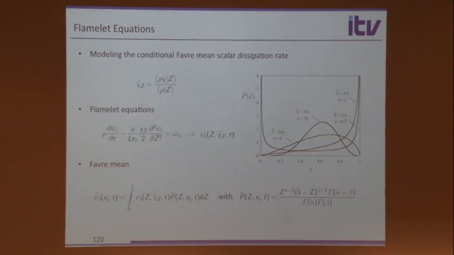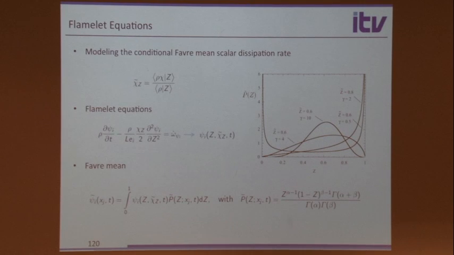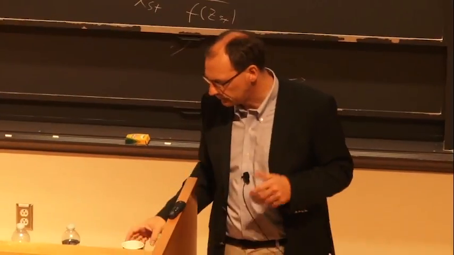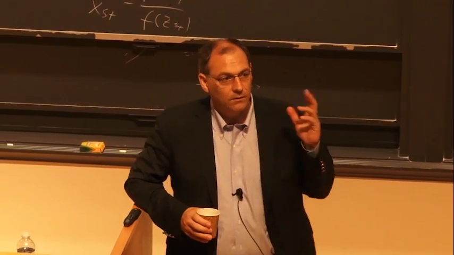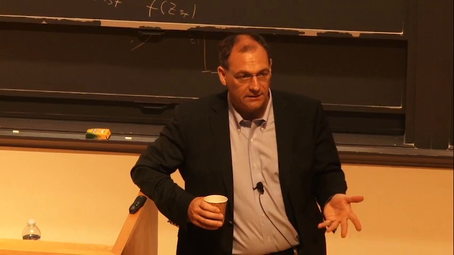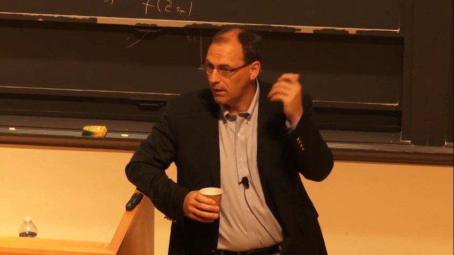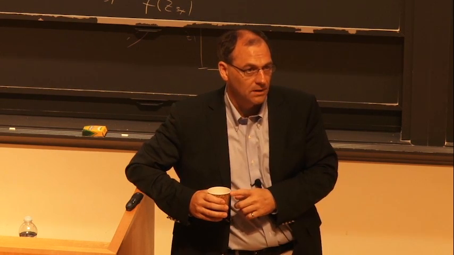Now, there are different flavors. Let me say this: a Flamelet model is not a model in itself. The Flamelet idea is just a concept. We say the chemistry is relatively fast, and because of this, the local structure can be described by the solution to this equation.